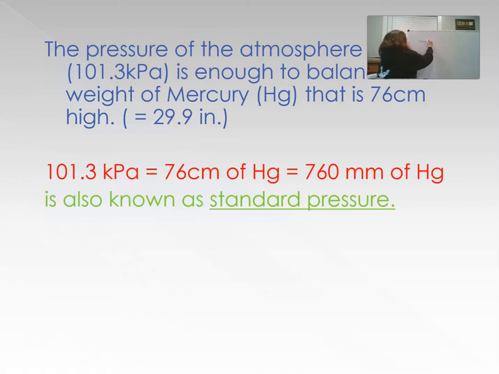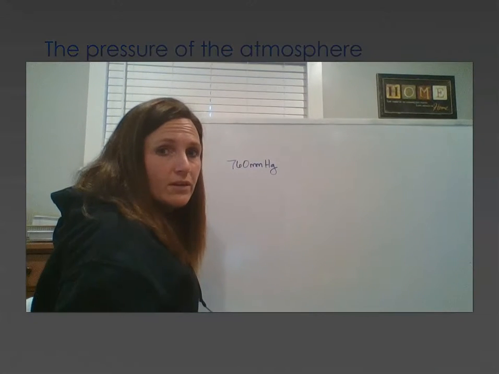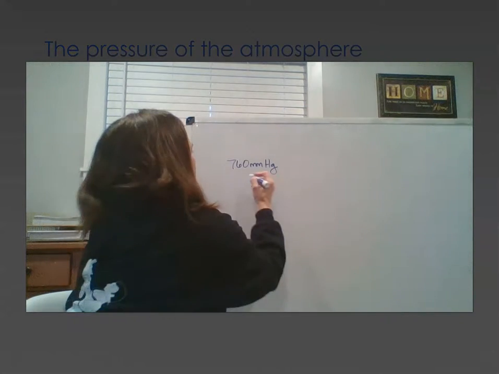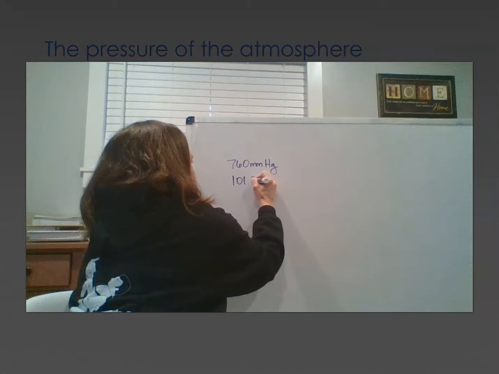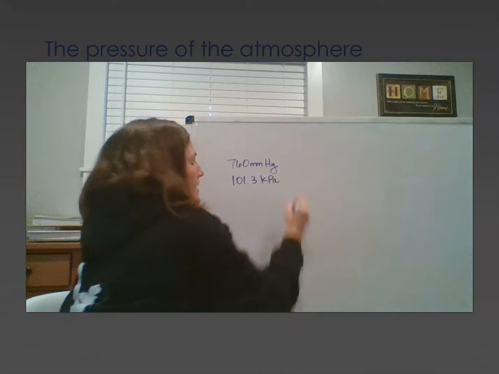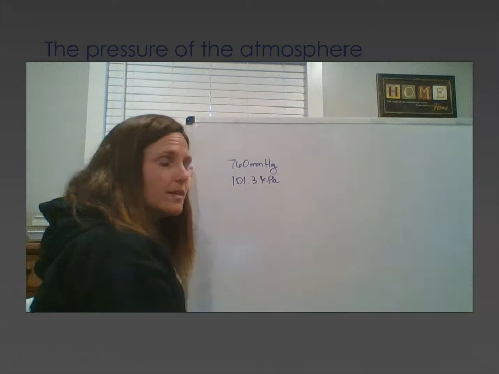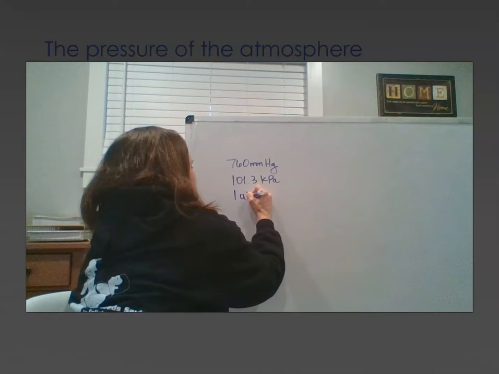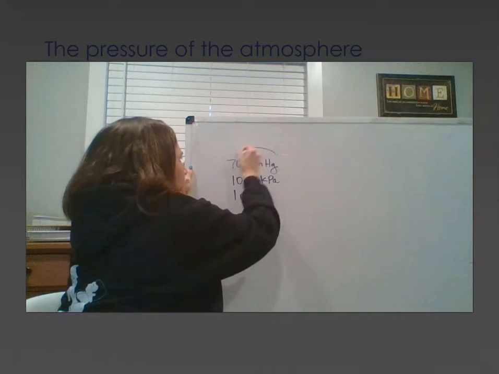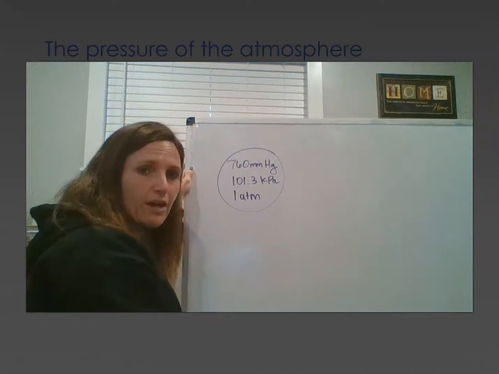These are going to be a little different than what you're seeing on the screen, so I really encourage you to write them down. We have 760 millimeters of mercury, 101.3 kPa or kilopascals, and 1 atmosphere. And all of these things are equal to each other.